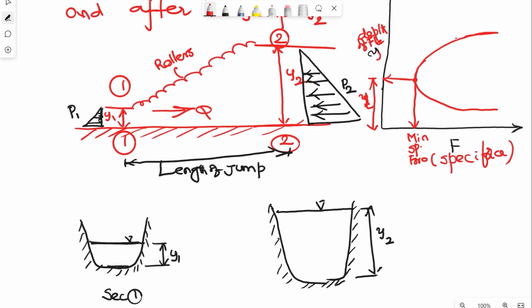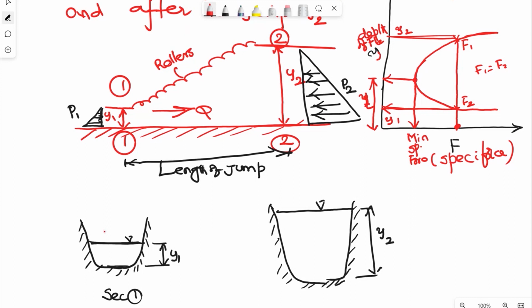Beyond that, you take any specific force, there will be F1, F2. F1 is equal to F2, that you can see here. But there are two depths of flow you can see. This is y1, this is y2, right? This is what you should understand.